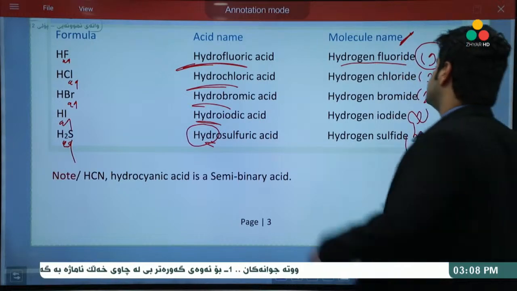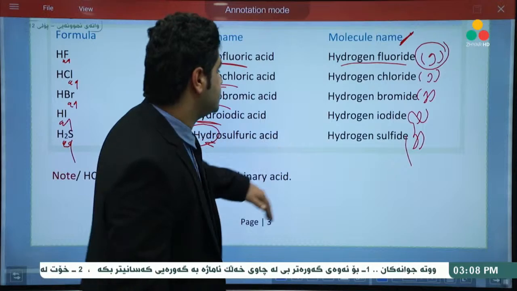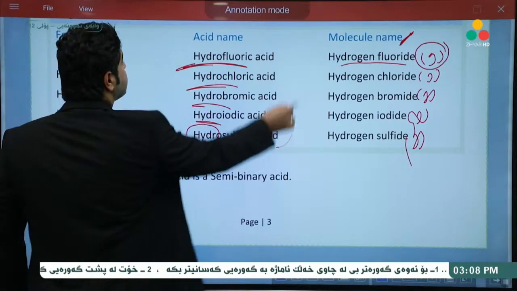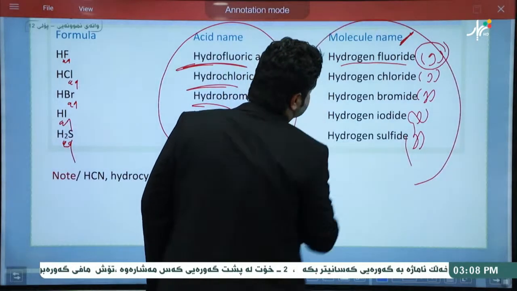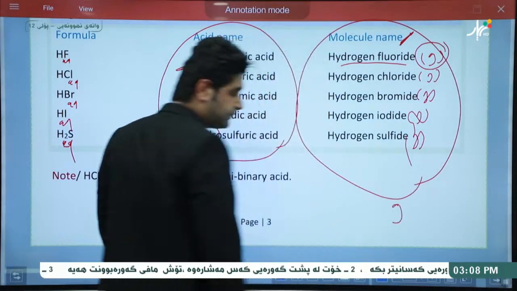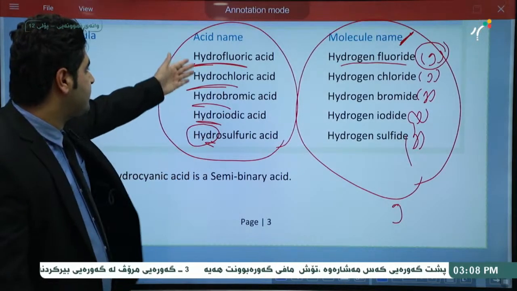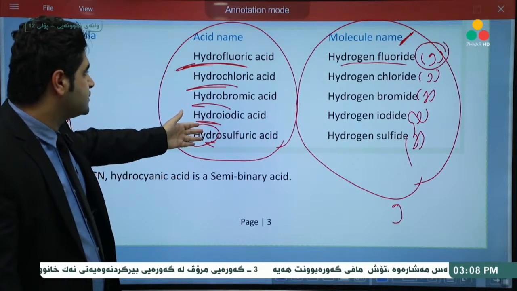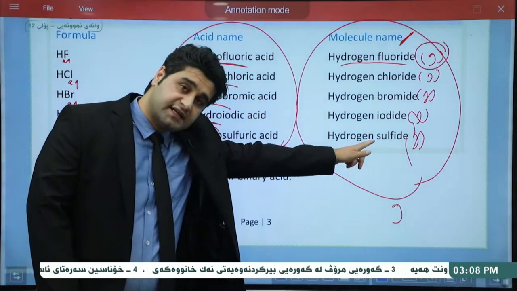Hydrogen fluoride, hydrogen chloride, hydrogen bromide, hydrogen iodide, hydrogen sulfide. These are not aqueous solutions. Here we have a gas molecule. Aqueous solutions can conduct electricity because they have ions due to dissolving in the water, but here there are no ions. That's why they cannot conduct electricity.